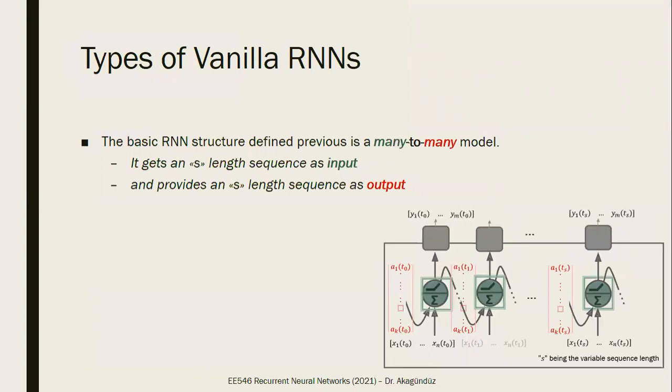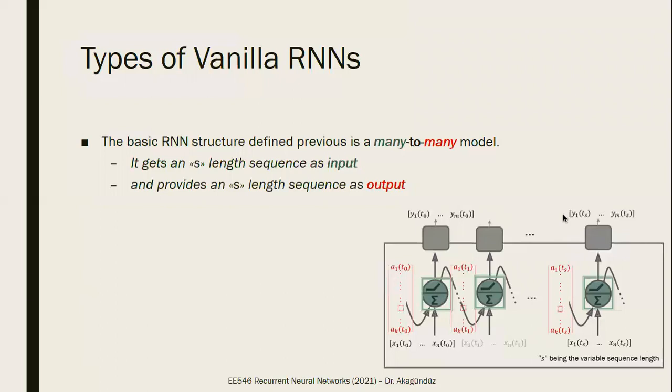Very nice. So guys, the structure I have defined in the previous hour was a type of vanilla RNN, which we call a many-to-many model, because the input was a sequence of S, which is many, more than one, and the output being a sequence of, again, S, which is many, more than one.